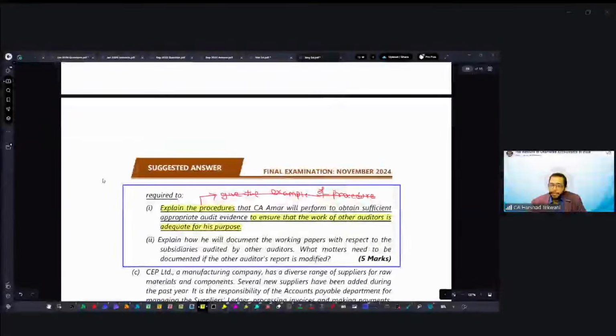That is, explain the procedure. This is how you are required to explain the procedure. Clear? Any doubt? Yes, no?